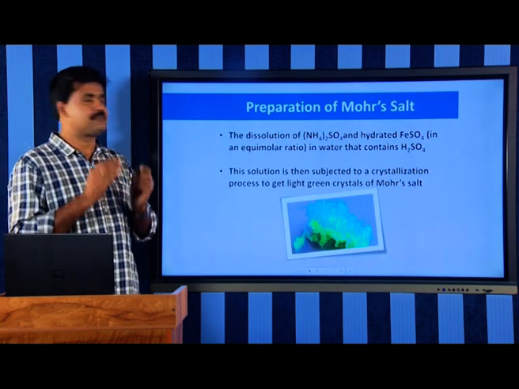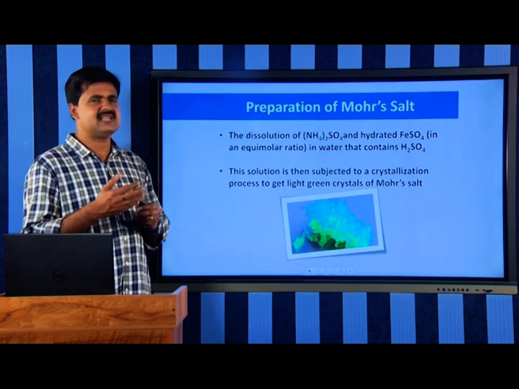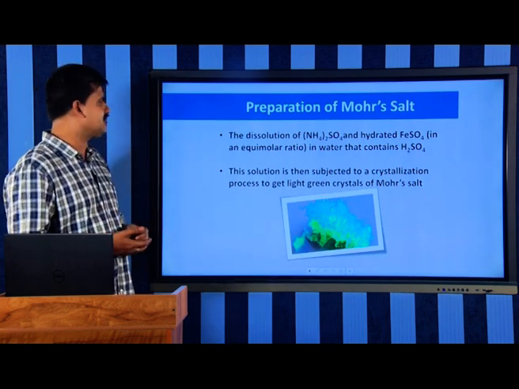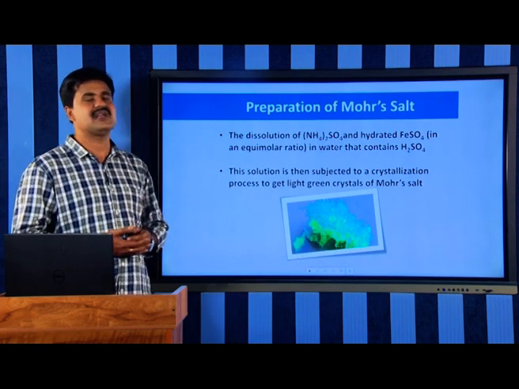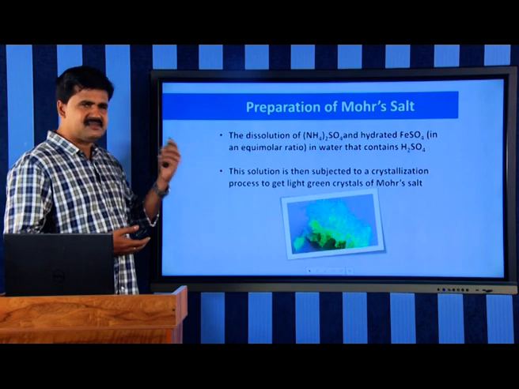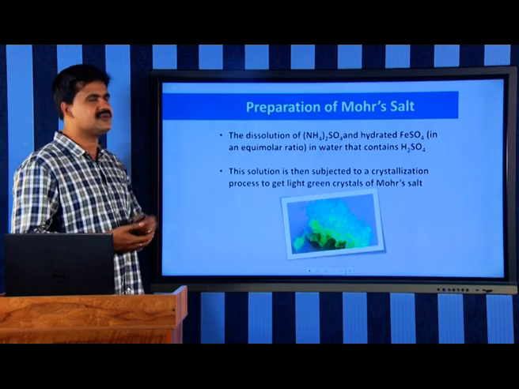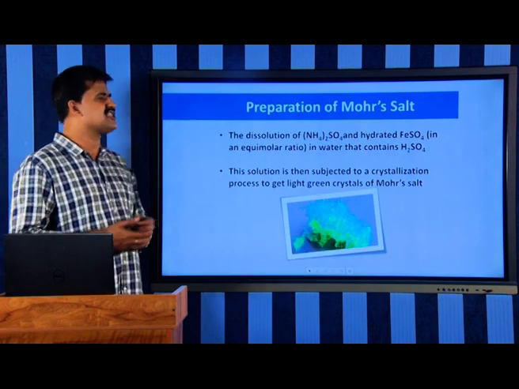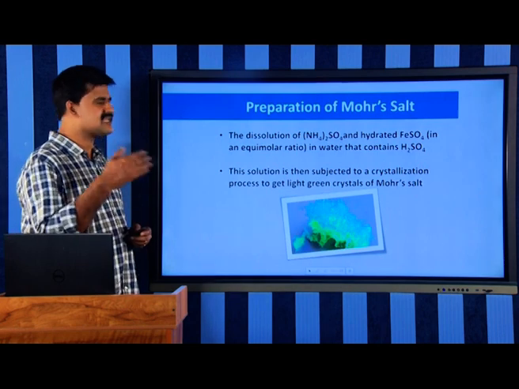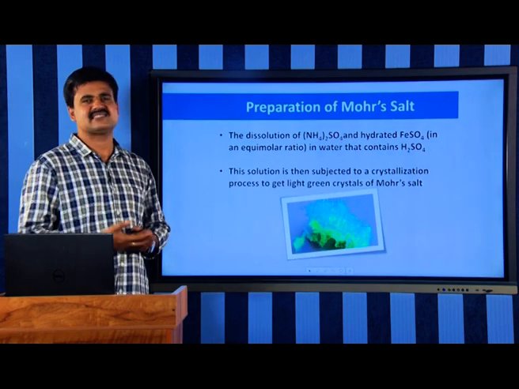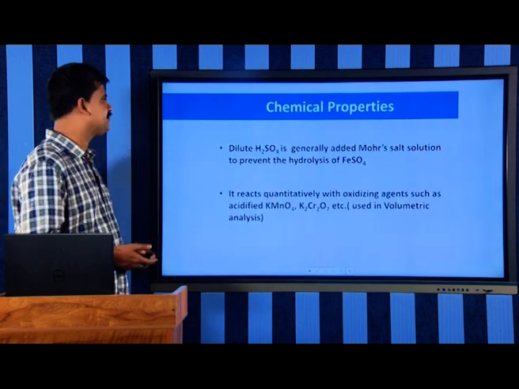Regarding the preparation, Mohr's salt is made by mixing ammonium sulfate and ferrous sulfate solutions in an equimolar ratio, but the solution must contain traces of sulfuric acid. The solution is then subjected to crystallization. The crystallization process leads to the formation of green crystals of Mohr's salt.